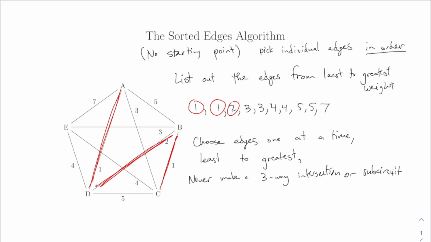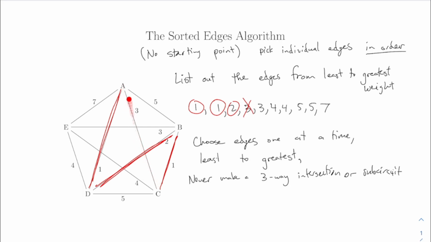Next I see 2 3s. Now, there's some issue about if there are ties, which one should I pick first? In this case, it doesn't matter. Look at this horizontal 3. Is that one legal at this point? I say no because it makes a three-way intersection at B. You cannot use this horizontal one, so I'm going to X out one of those 3s. What about the other 3? Is this one legal?